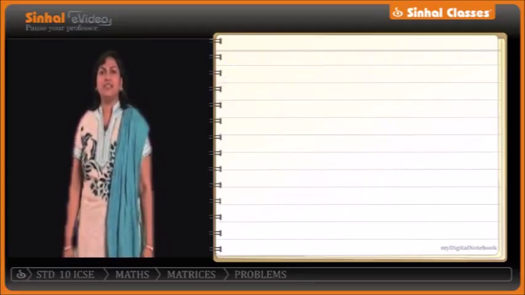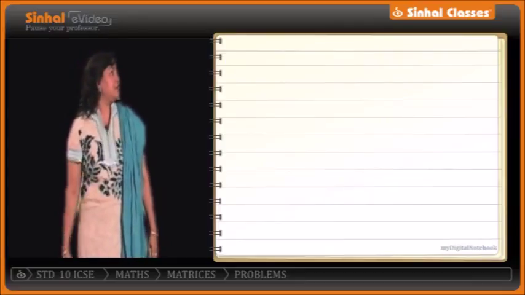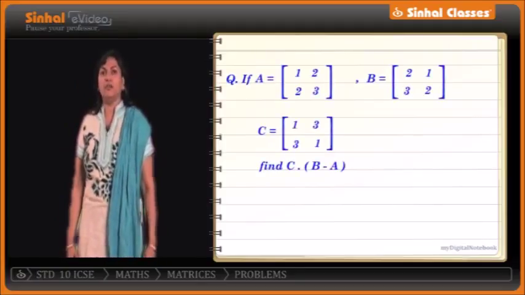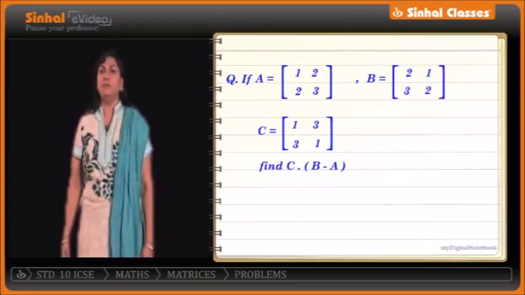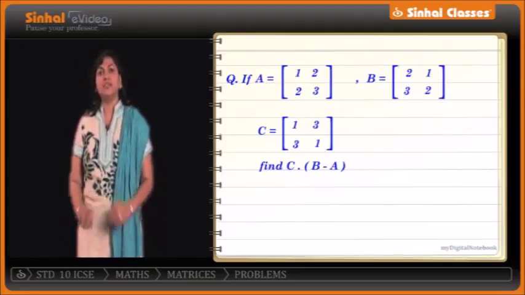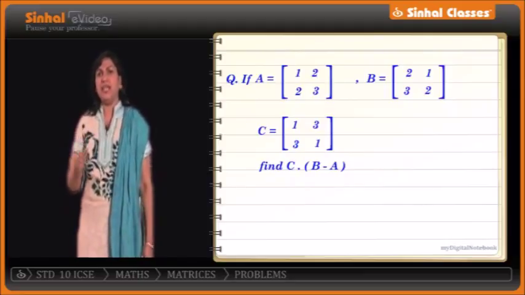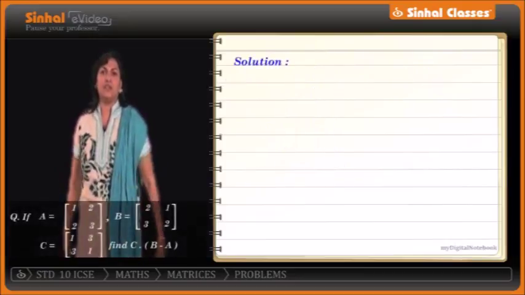Now we will be solving some problems based on multiplication of matrices. Now we are given three matrices A, B, C of the same order. We are asked to find C into B minus A. So in this case, we will first find B minus A and then multiply C with that new matrix.